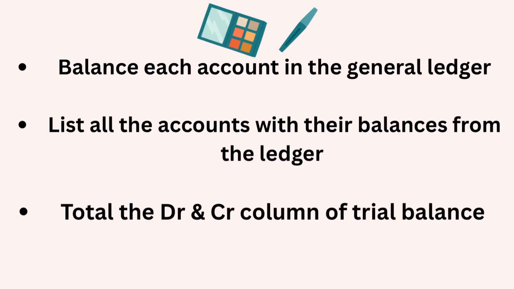This equality is tested by preparing a trial balance. To prepare a trial balance, you balance each account in the general ledger. Then you list all the accounts with their balances from the ledger. And then you total the debit and credit columns of the trial balance.